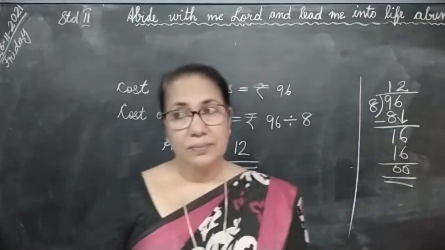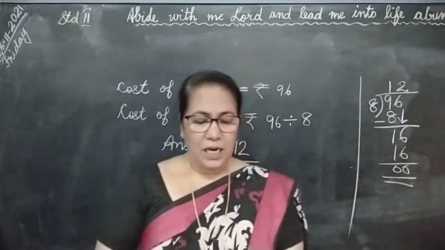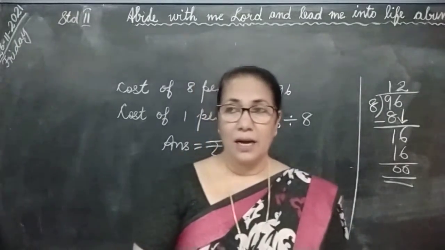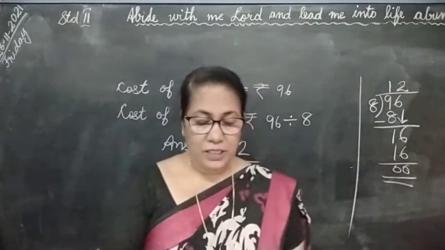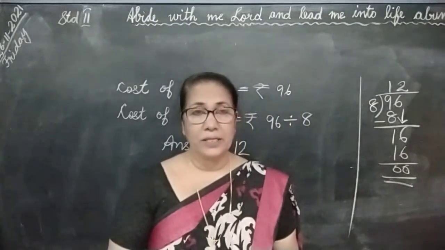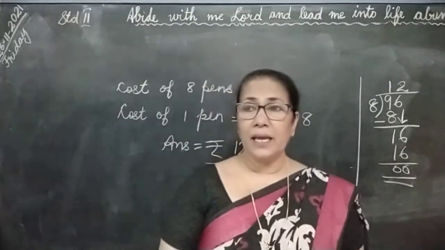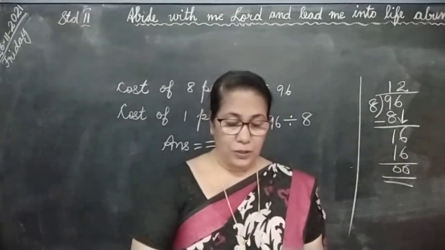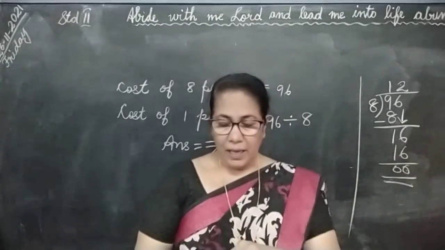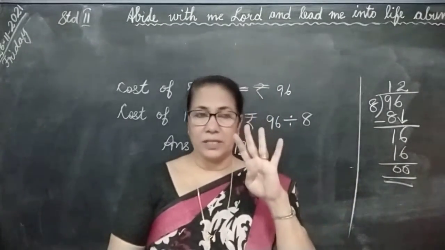We'll do one more sum. That is, a fruit seller. Fruit seller means a person who is selling fruits. A fruit seller buys 452 apples. How many apples did he buy? 452. He arranged them equally in 4 boxes.